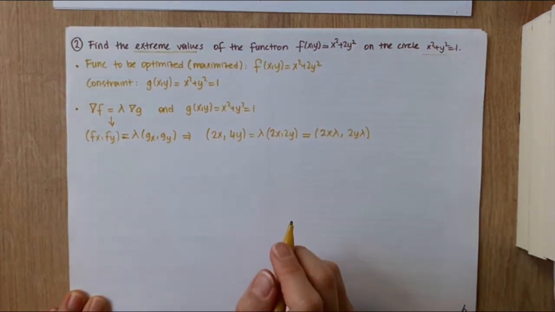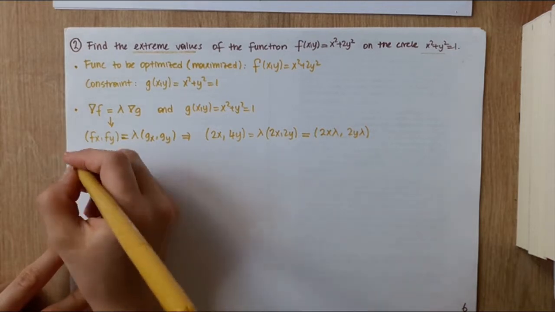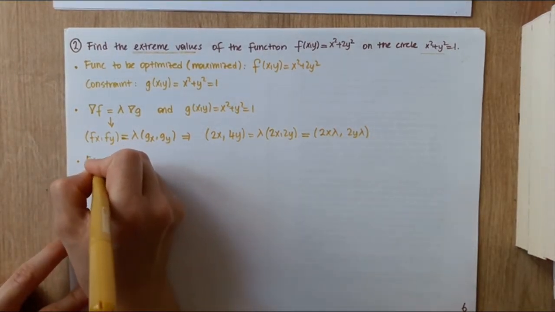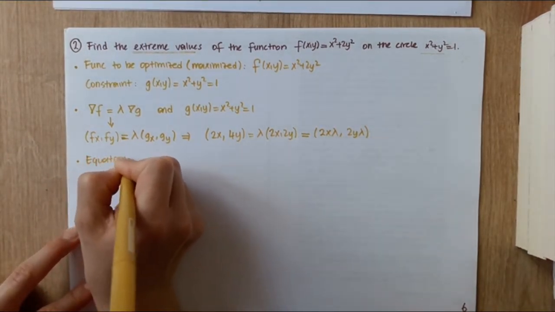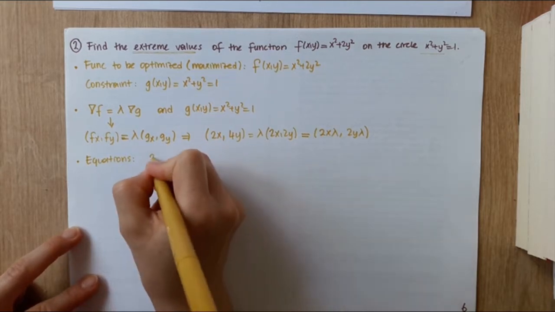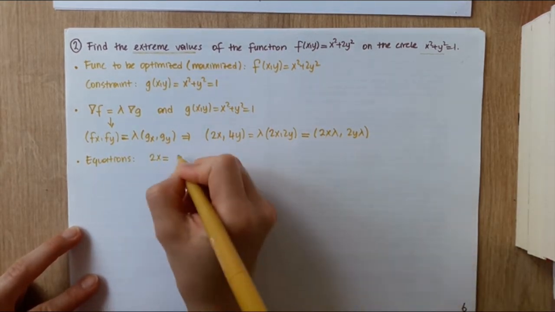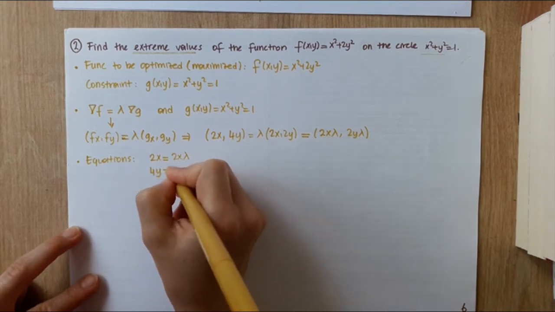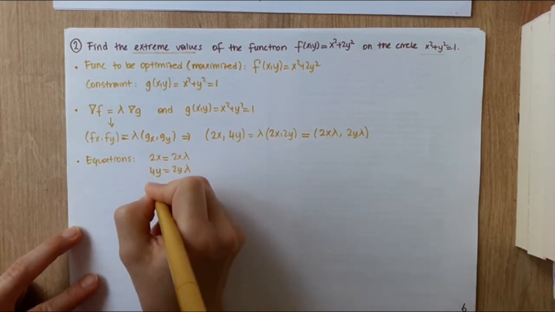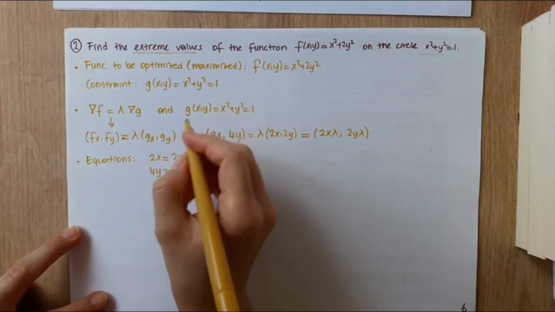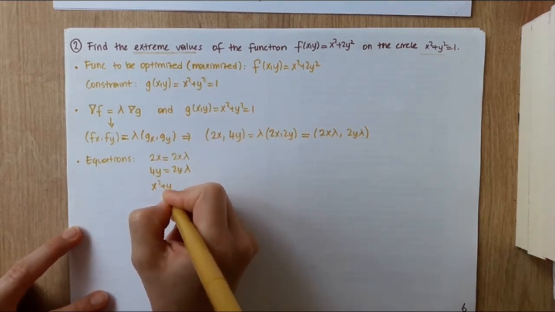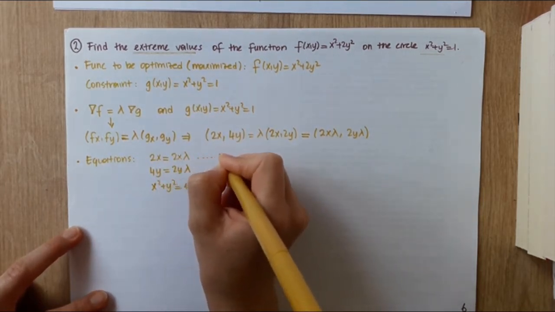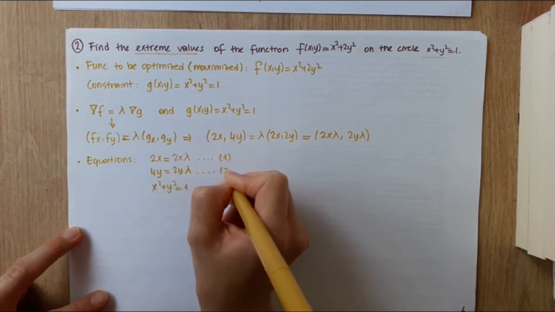So the equations are 2x equals 2x lambda, and 4y equals 2y lambda, and g of xy, x squared plus y squared equals 1. This time we have three different equations to solve.